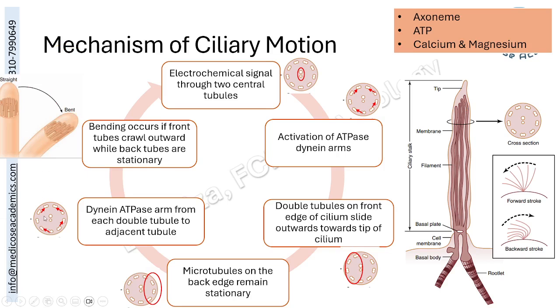This is the bending in the opposite direction towards the apex, and these forward tubules moved outward, whereas the backward tubules remain stationary. All that happened after sensing the electrochemical signal, in the presence of calcium and magnesium and the availability of ATP, which led to activation of dynein arms, movement of the forward tubules, and stationary action of the backward tubules.